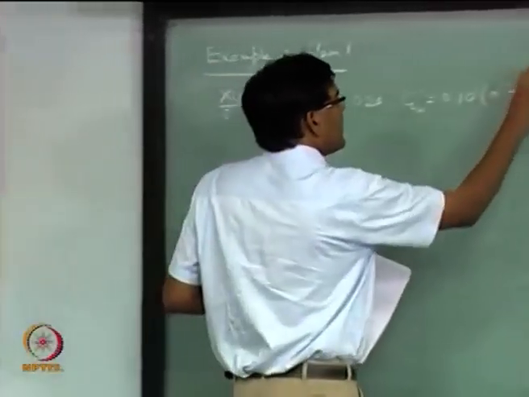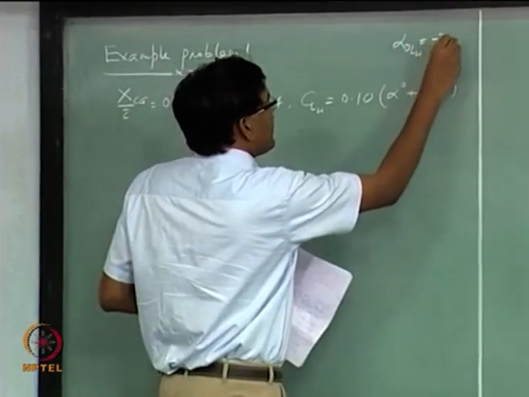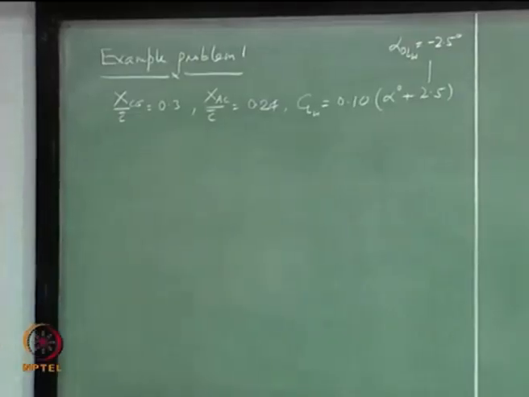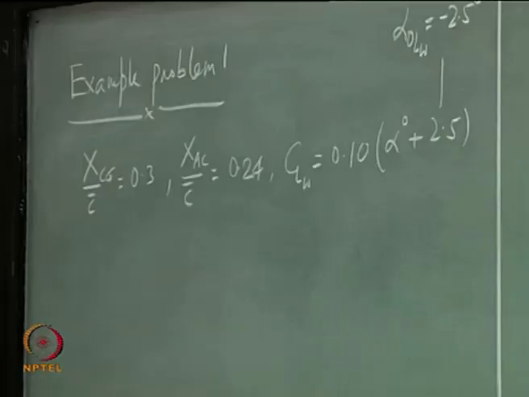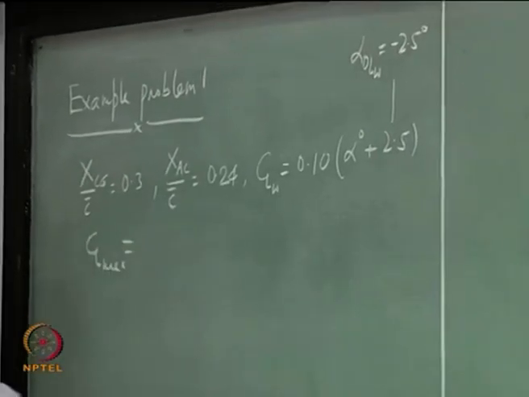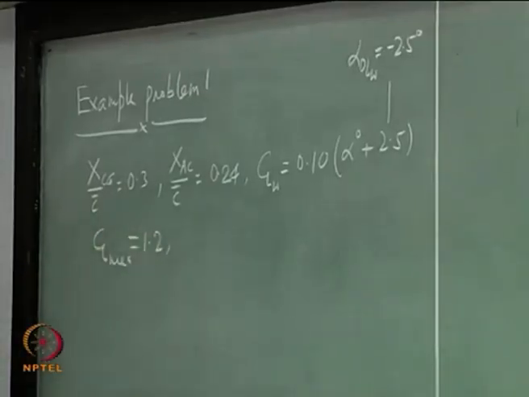So, the zero lift angle of attack of the wing is minus 2.5 degrees. CL max is given as 1.2, and there is a CL max that you get.